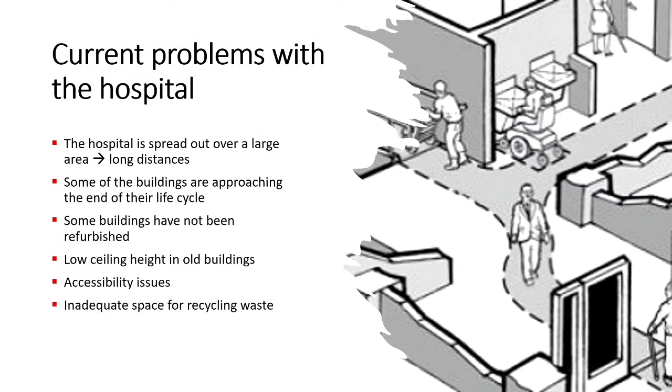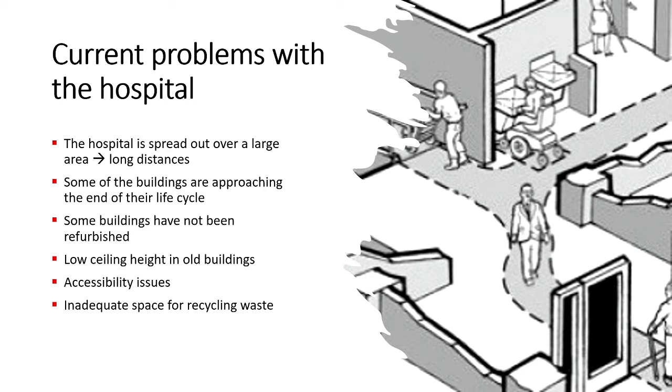They have identified various current problems with the hospital. It is spread out over a large area, causing long distances between key functionalities that should be located close to each other. Some of the buildings are approaching the end of their life cycle, and some have not yet been refurbished.